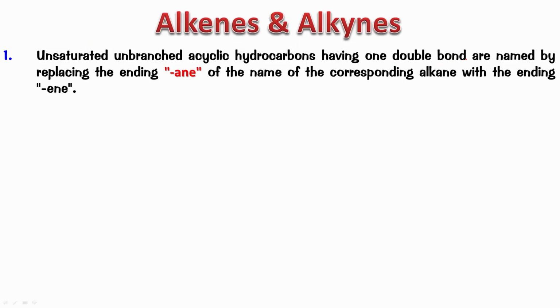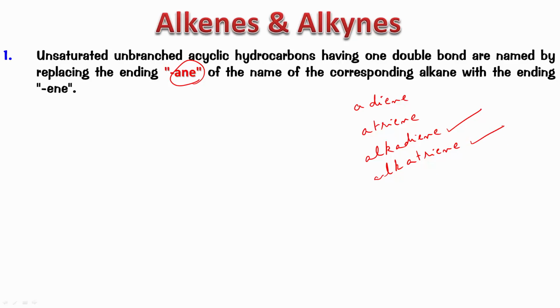Now, if there are two or more double bonds, then we use the terms alkadiene, alkatriene, etc. So if there are two double bonds, it becomes alkadiene, three double bonds, alkatriene. We remove the "ane" of alkane and put "adiene" or "atriene".